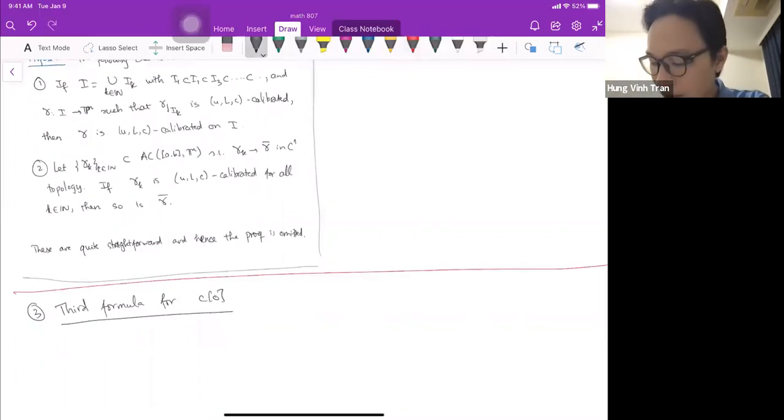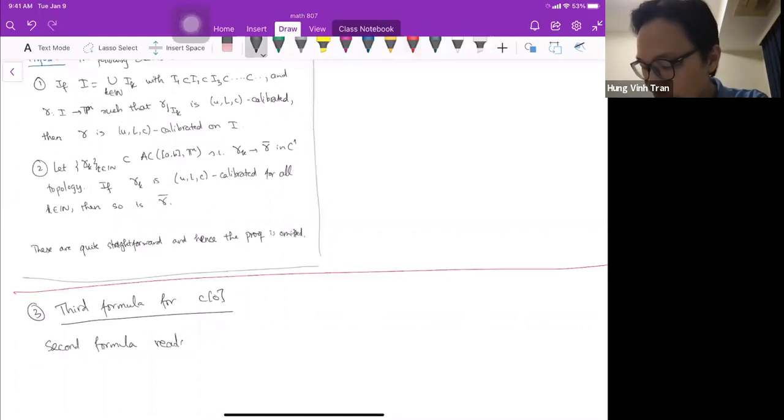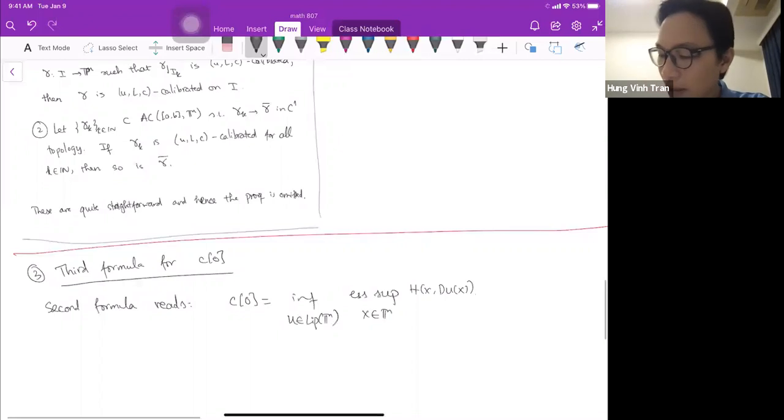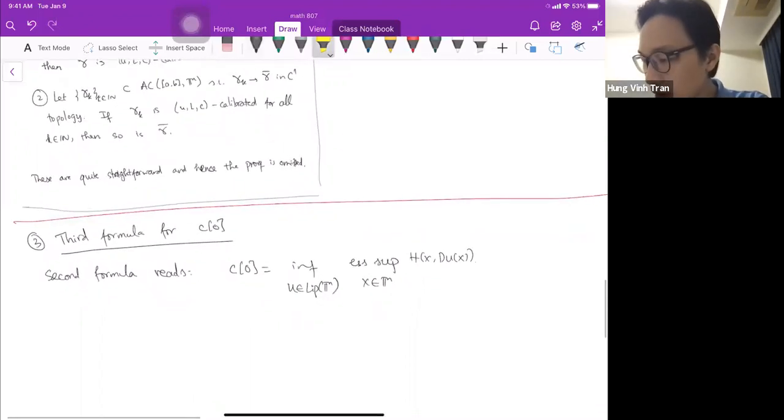So the second formula reads that C naught equals the infimum over all possible Lipschitz functions u, and here I'm taking the essential supremum over x in the torus of h of x du x. Again, the key thing is that u is only Lipschitz, and I'm taking the essential supremum here because it's not defined everywhere.